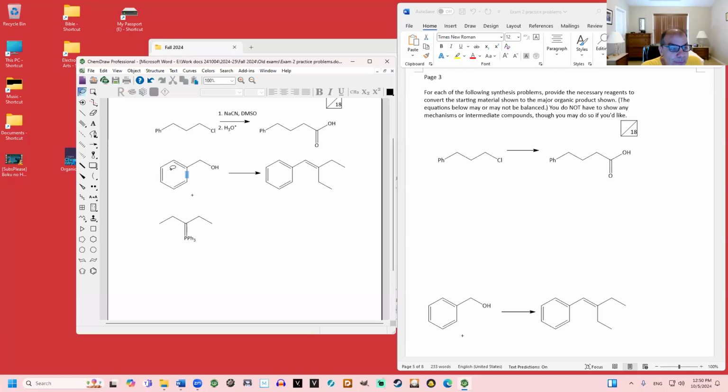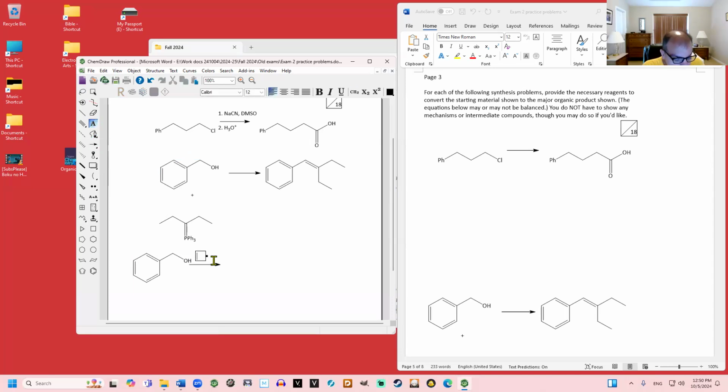And so that means we first have to oxidize this primary alcohol to an aldehyde. That can be done a couple of different ways.